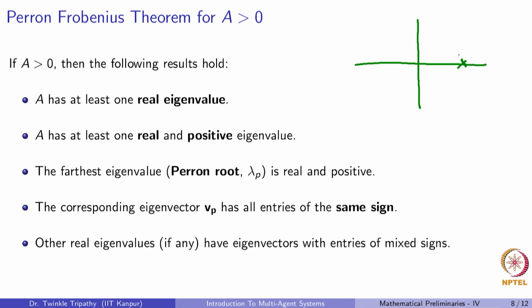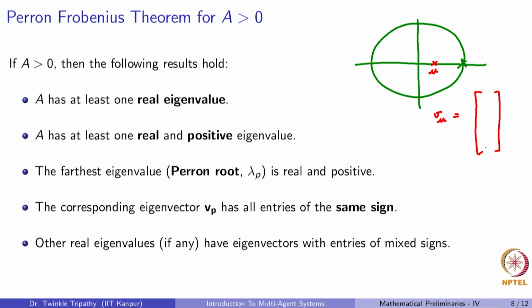Not only that, we have the Perron root which is real and simple and which is strictly larger in magnitude, but sometimes we can also have other eigenvalues which are real. Now in those cases, the eigenvectors which we get, we should not write as Vp. Let's denote this eigenvalue as some mu, and V mu has to have entries which have mixed signs.